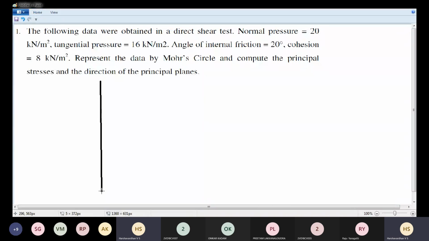So we'll plot the graph, always graph. Y-axis is shear stress and x-axis is normal stress.